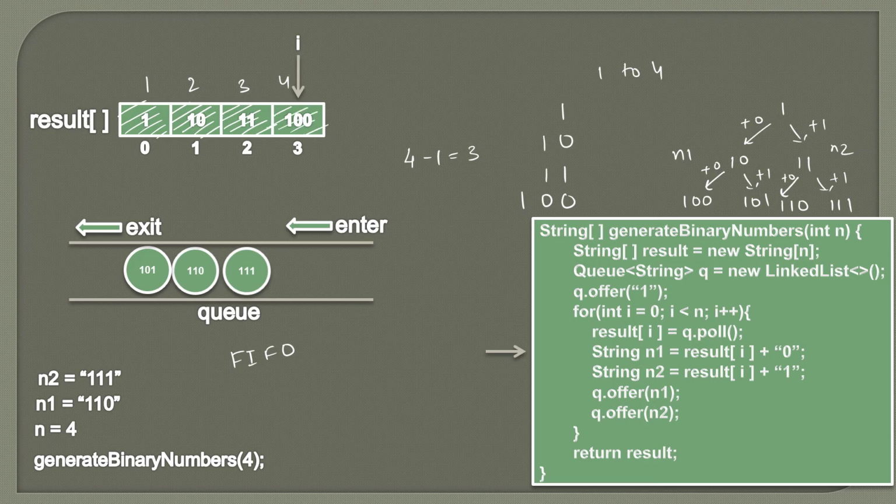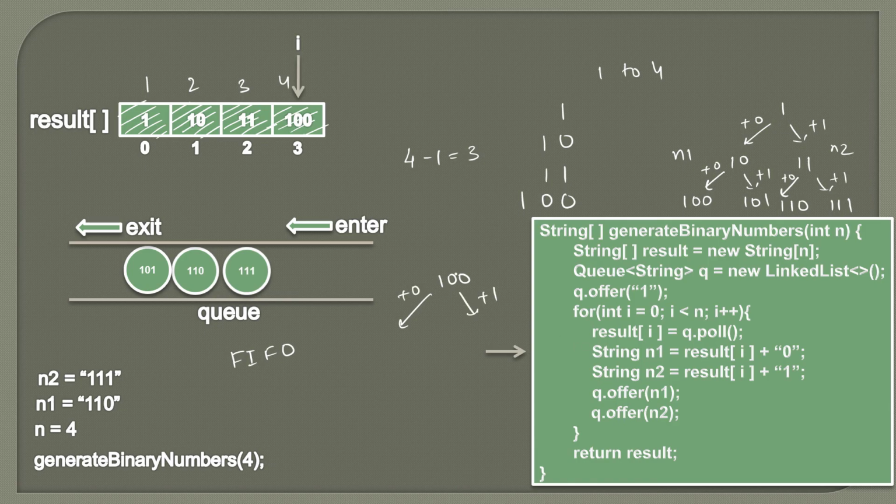But in order to demonstrate how these further numbers are generated, we will see the rest of the algorithm. The number we just pulled out, which is 1 0 0, will help us in generating the further elements. We will append 0 and append 1.